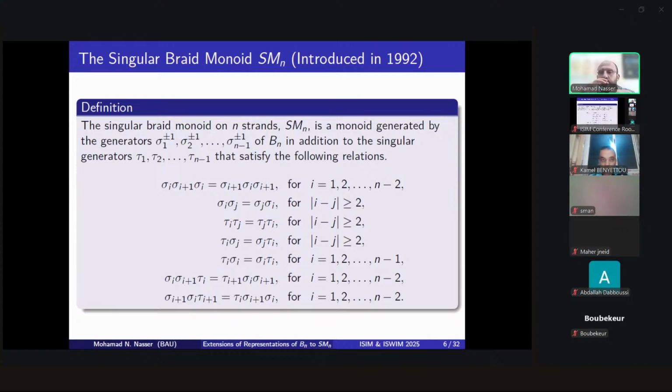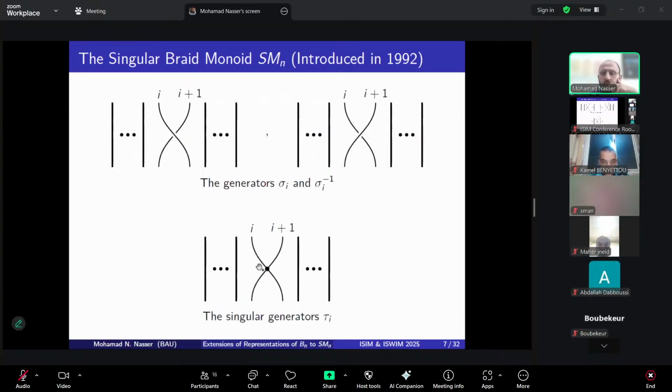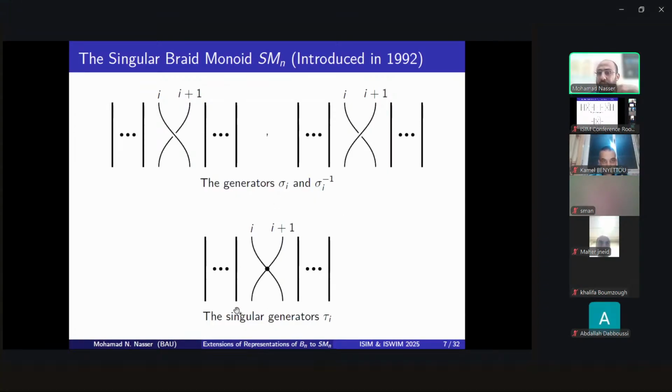We have the set of generators sigma 1 up to sigma n-1, the same as in Bn, which are also invertible, but we have another family of generators which are non-invertible. We call them tau 1, tau 2, up to tau n-1, and these are the set of relations between these generators. This is the shape of the generator tau i. This generator is not invertible. That's why it's a monoid.